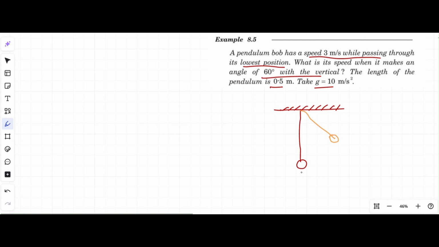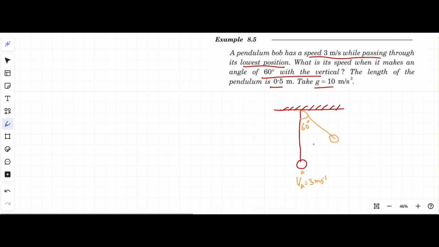Initially the velocity at this position, suppose this is A, so velocity at A is 3 meter per second. This is the lowest position, and now it reaches somewhere here where it makes an angle of 60 degree with the vertical. This is the vertical, it makes an angle of 60 degree.